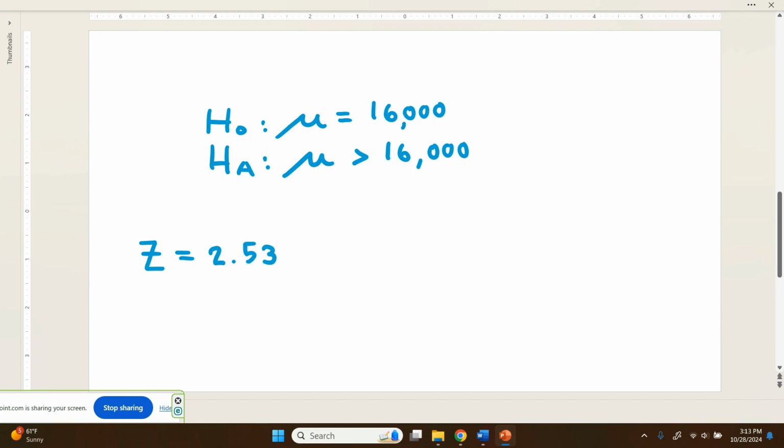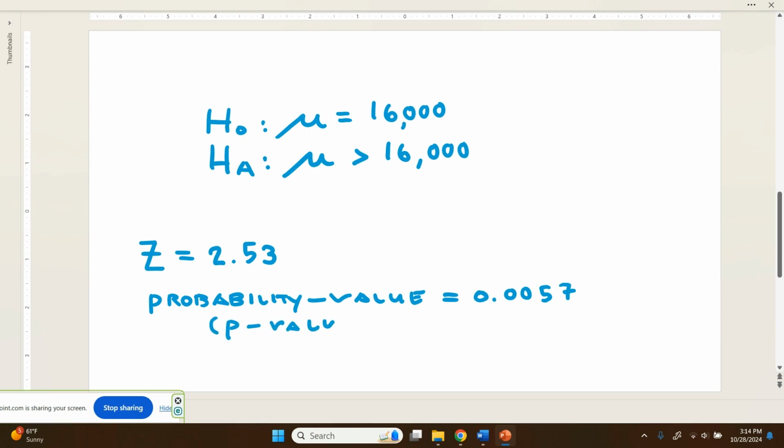So we can see it is over 2 standard errors away from the hypothesized mean, and our probability value is equal to 0.0057. So really small. That's not surprising. A large Z like that should be accompanied by a really small probability value. And of course, that's p-value for short. Same thing, probability value, p-value.